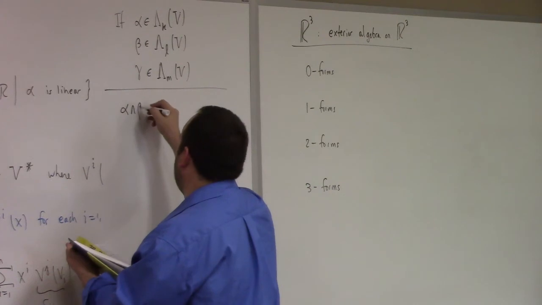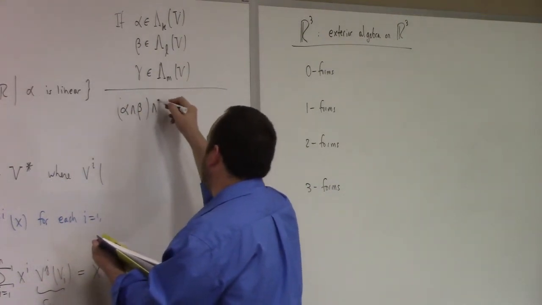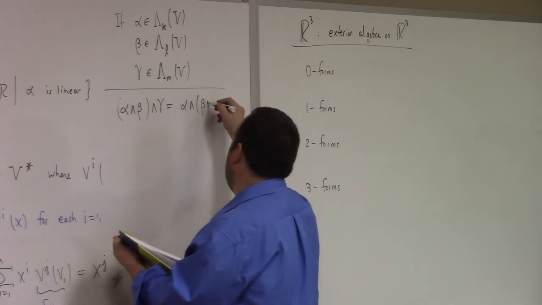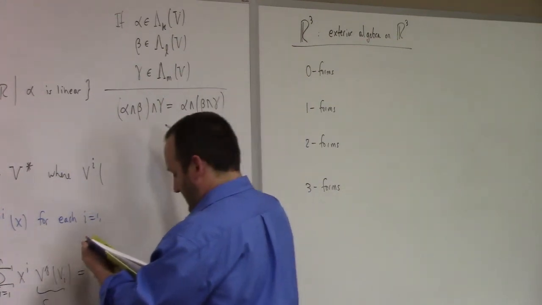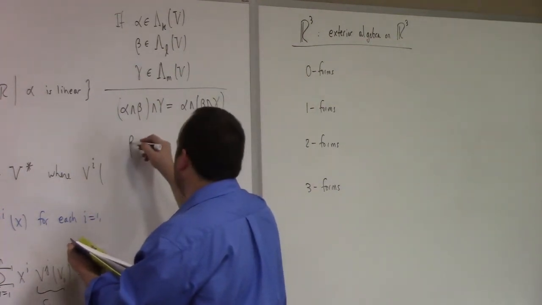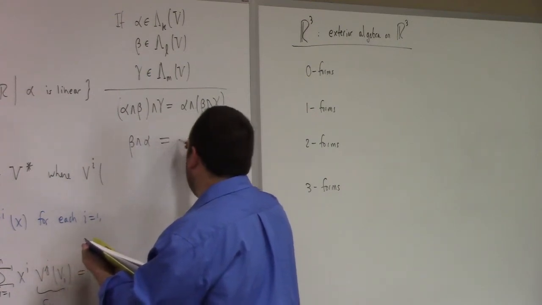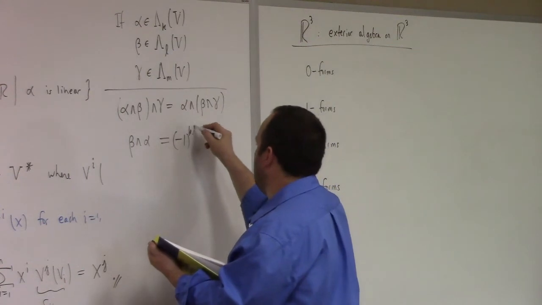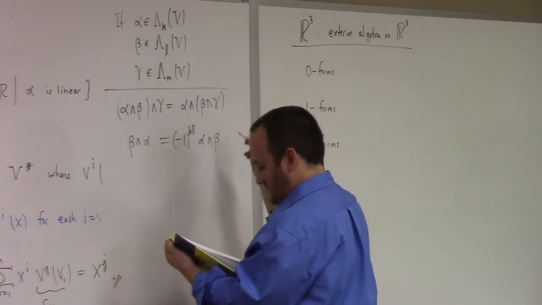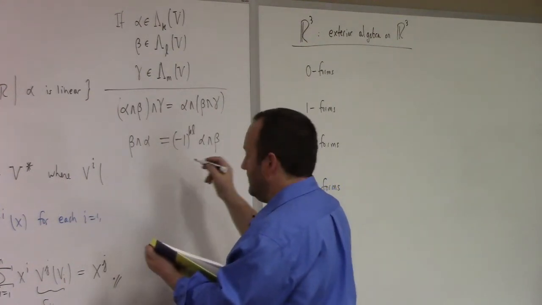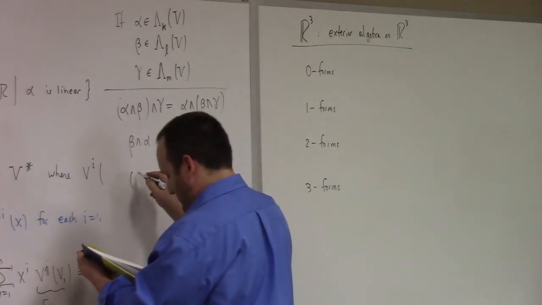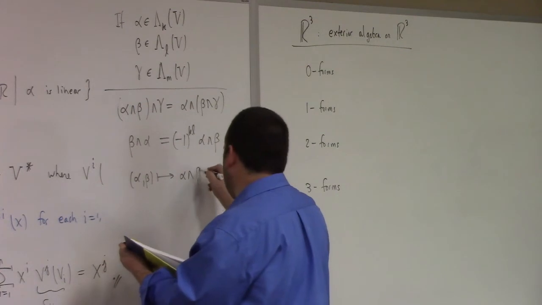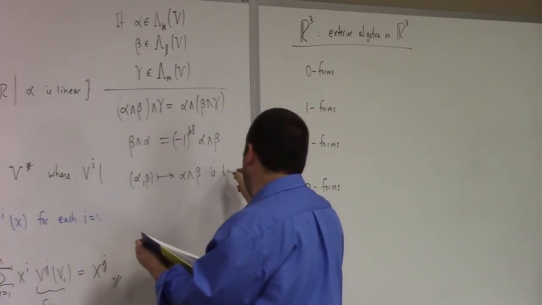So alpha wedge beta wedge gamma is equal to alpha wedge beta wedge gamma, with the parenthesization grouped either way. And beta wedge alpha is equal to minus 1 to the KL alpha wedge beta. And the pairing, alpha comma beta maps to alpha wedge beta, is bilinear.